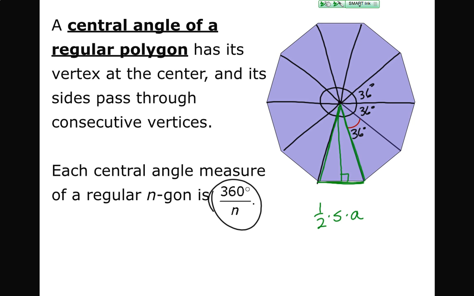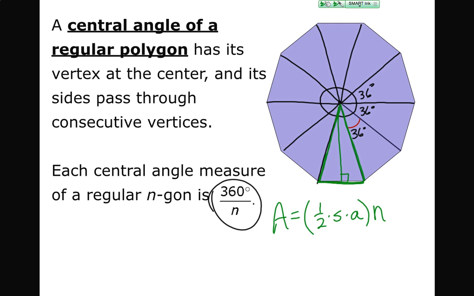How many of those triangles do I have? In this case, 10. It would be the same as the number of sides. So if I took the area of each triangle times the number of triangles or number of sides, that would be one way to find the area of the whole regular polygon.